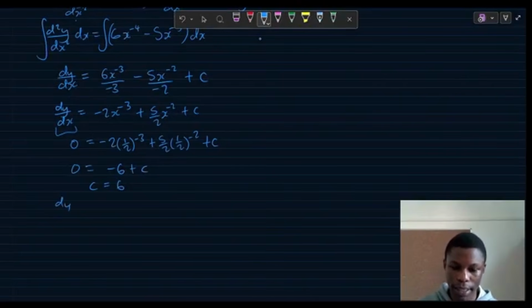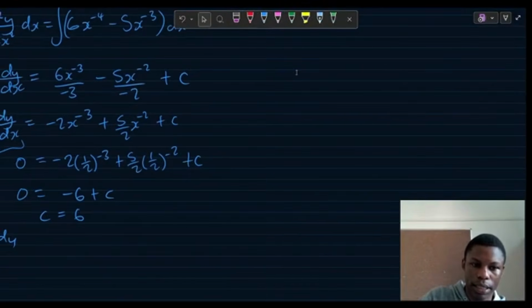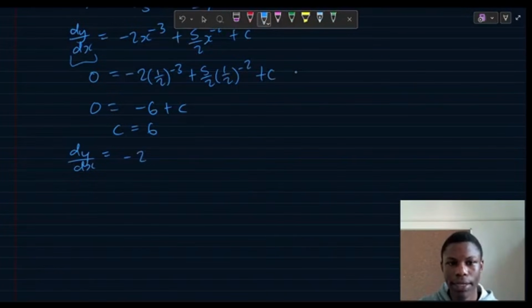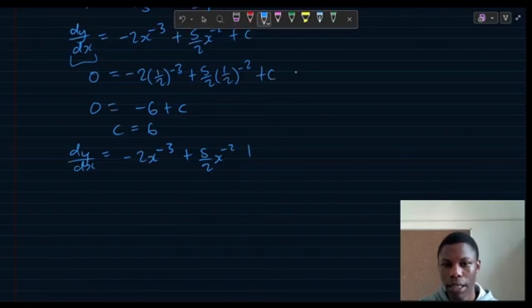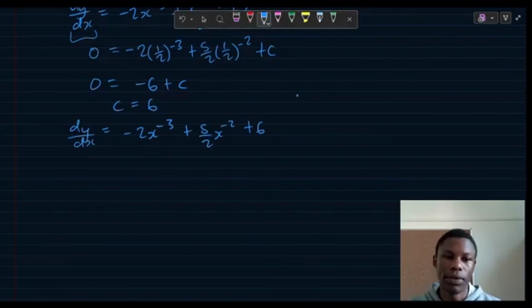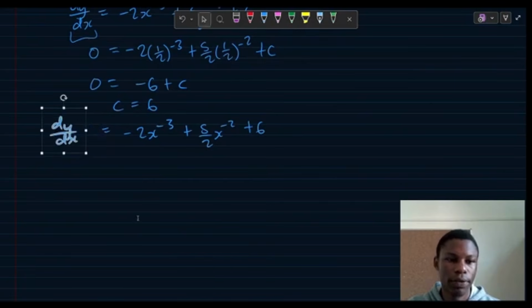And so we have that our dy dx is equal to negative 2x to the negative 3 plus 5 over 2 x to the negative 2 plus 6. All right. And now that we've evaluated the constant, we can integrate both sides so that we can get our equation of the curve. So again, you're integrating both sides with respect to x.